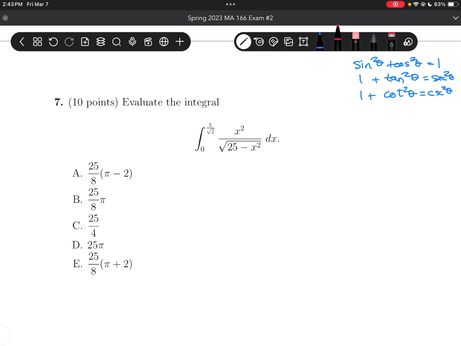Okay, and actually I'm going to rewrite this first equation as 1 minus cosine squared theta equals sine squared theta. So, like I said, these identities are the reason why trig sub is a good choice when we have a term like the square root of some constant plus or minus c.